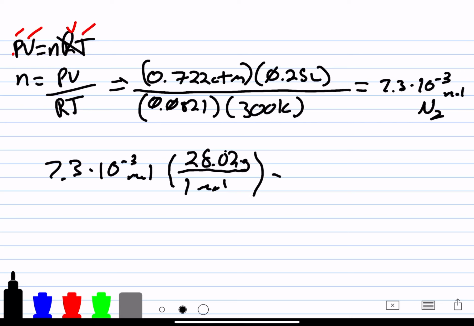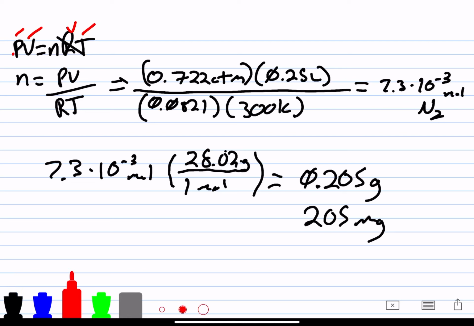If we multiply that through, we are going to end up with 0.205 grams, which is equal to 205 milligrams. And that would be your answer for number 4.